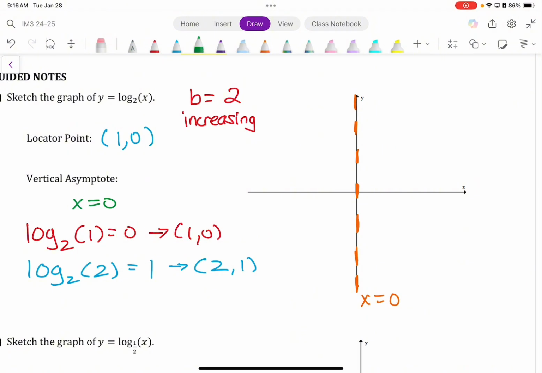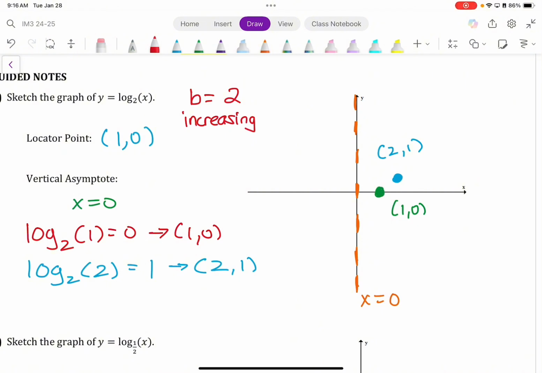Then we have a locator point through 1, 0, so that'll be here on the x-axis as an x-intercept. The second point would be 2 and 1, somewhere over here, and we can label that as 2 and 1.